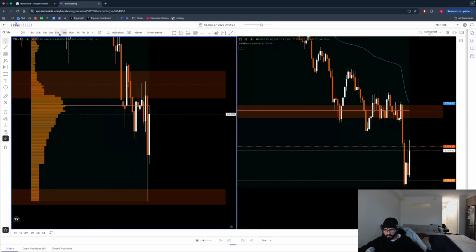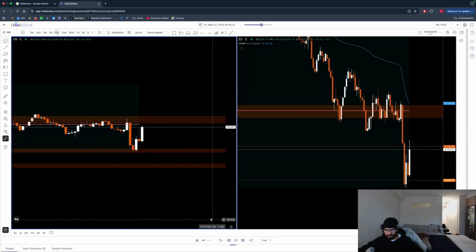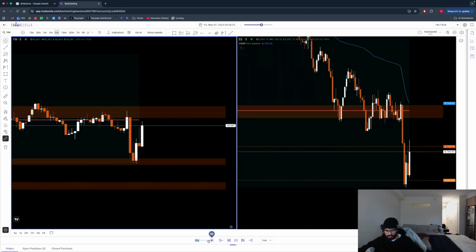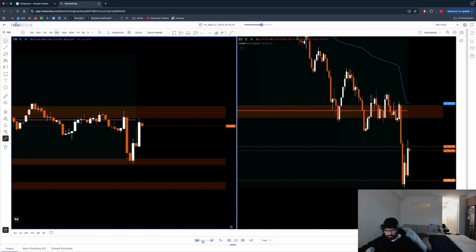I'm really only going to care about 5-minute structure. Give us some speed. ES is looking decently strong.